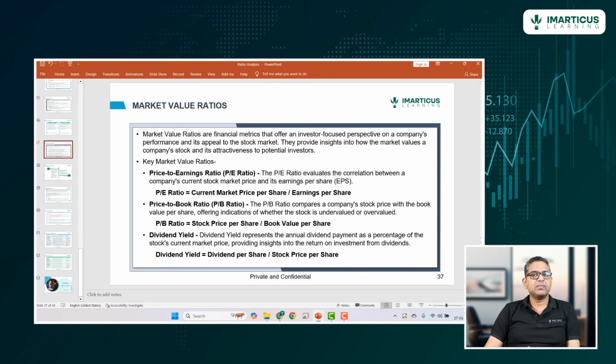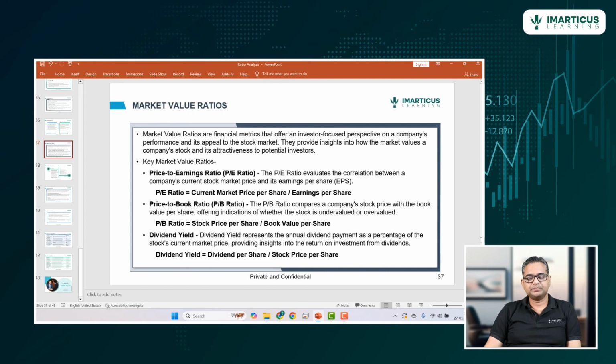If we divide that by shares outstanding, what we get is the book value per share, right? So according to books, according to the balance sheet financial statements, what is the value per share? That is the book value per share, and the value at which the stock is trading at, that is the stock price per share.